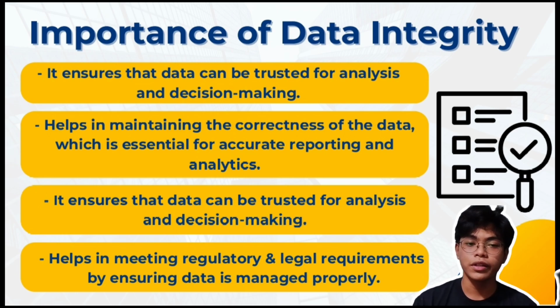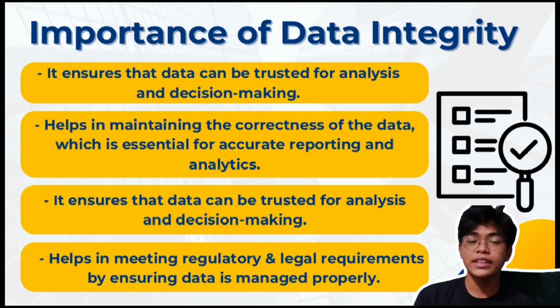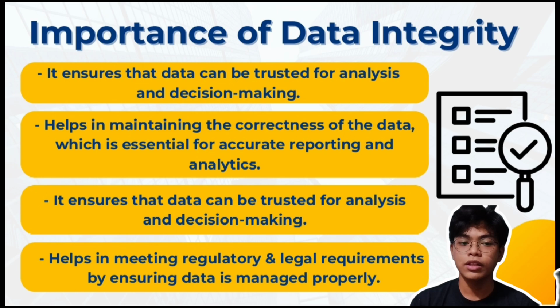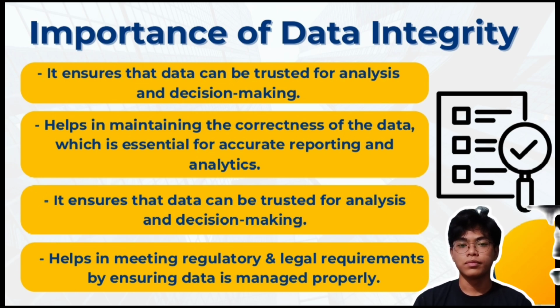So, in conclusion, data integrity is essential for ensuring that the information within a database is trustworthy and reliable, forming the foundation for accurate analysis, reporting, and decision making. By maintaining data integrity, organizations can avoid costly errors, meet regulatory and legal standards, and ensure that their data driven insights are both valid and actionable.